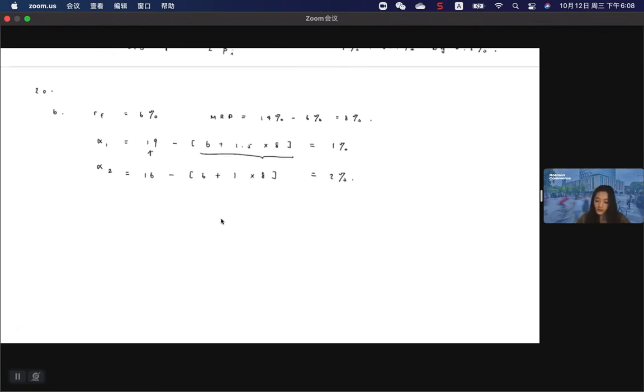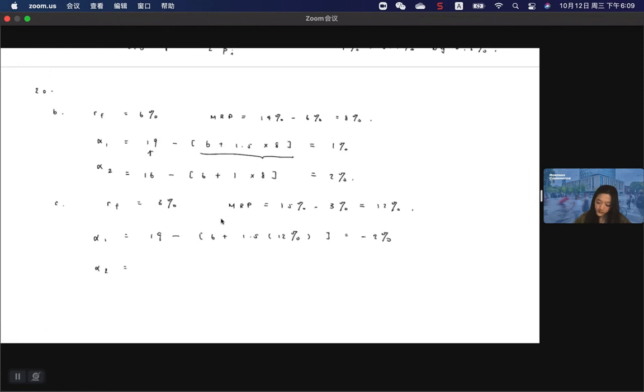Again, if we change the two parameters for part C, the market risk premium equals 15% minus 3%, which is 12%. The alpha for investor A would simply be negative 2%.